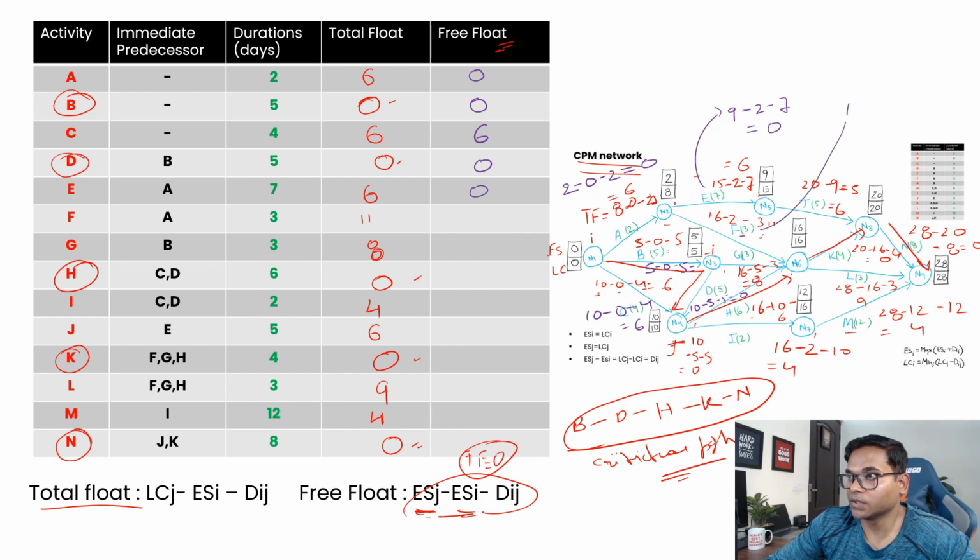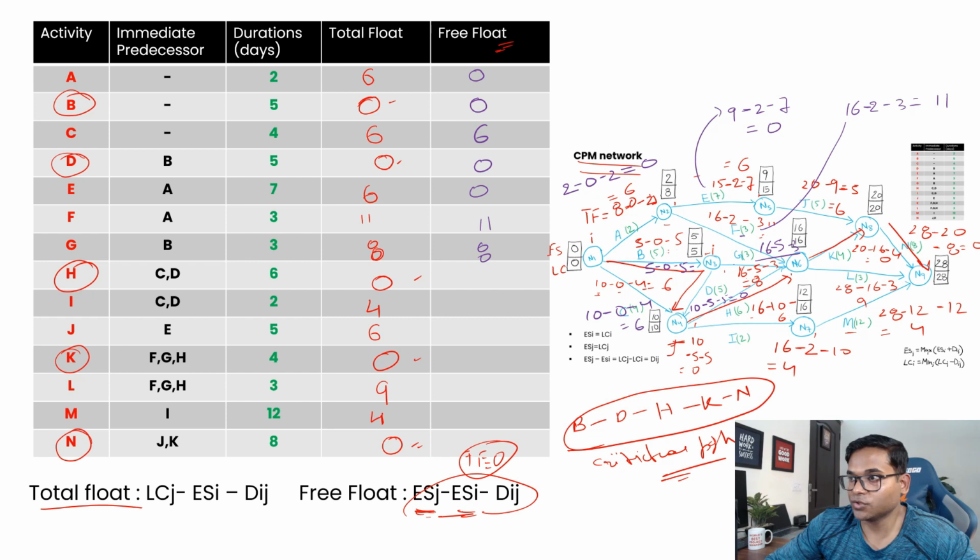Remember, this is 16 minus 2 minus 3, that is 11. Then activity G, where is activity G? Activity G is here, and coming to this node, 16 minus this node is 5 minus 3, so that is 8.